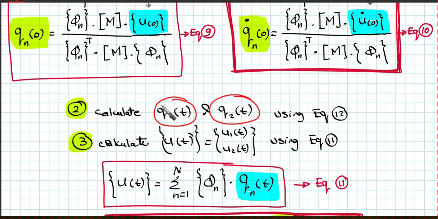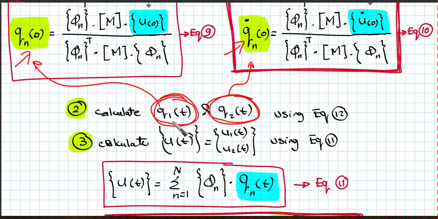Now what is the difference between this and what we have obtained before? That modal coordinate was for a specific time, at the initial condition. But this modal coordinate is at any time that we like.